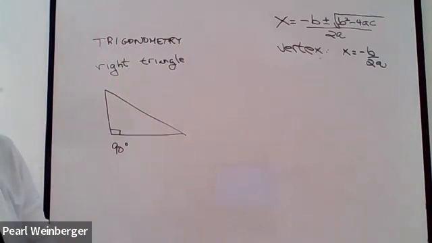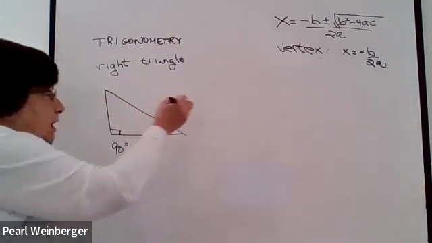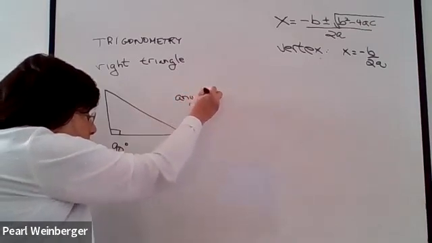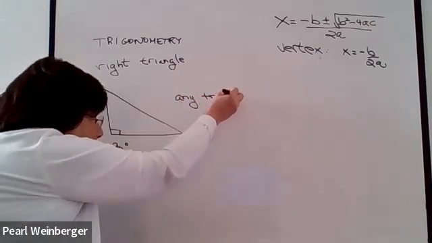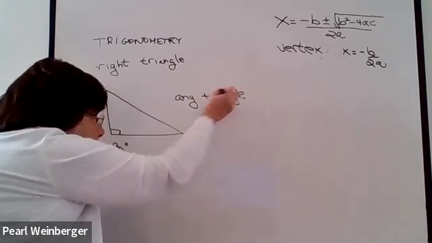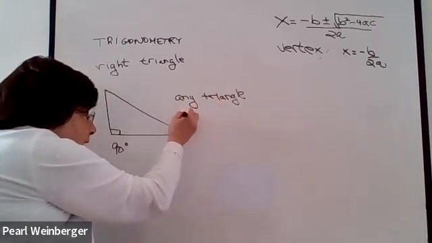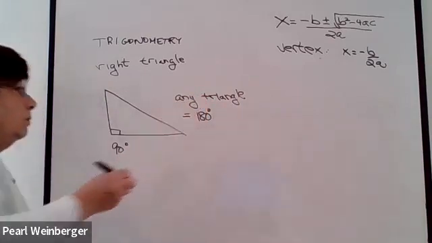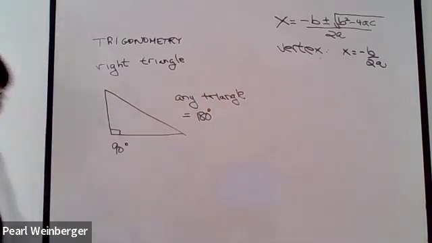The total number of angles in any triangle, not just a right triangle, but any triangle, always adds up to 180 degrees. A circle is 360, a complete circle.